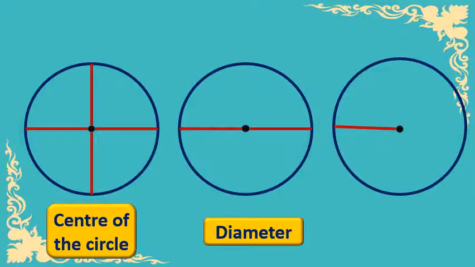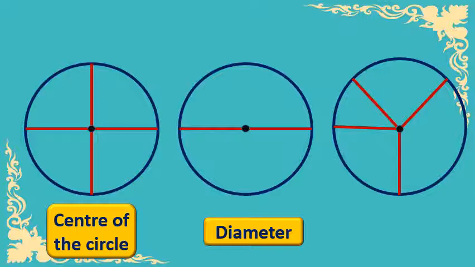The line that joins the center of the circle and a point on the circle. Center and point on the circle. One more we will see. One more. They all have the same length. Got this?